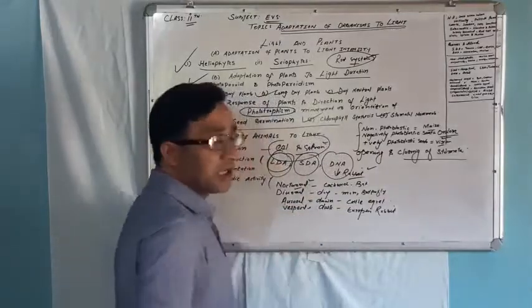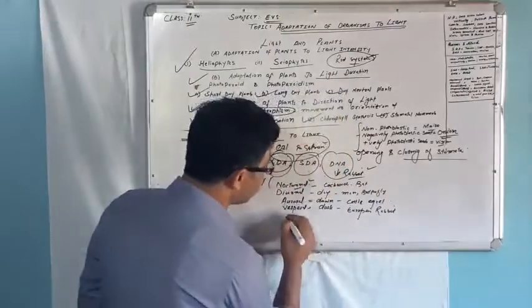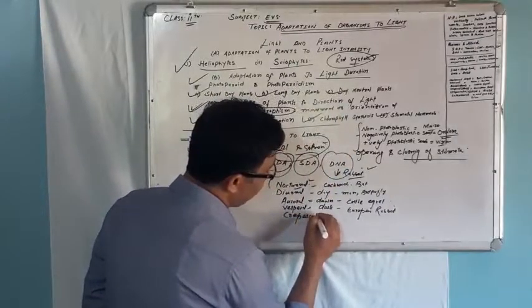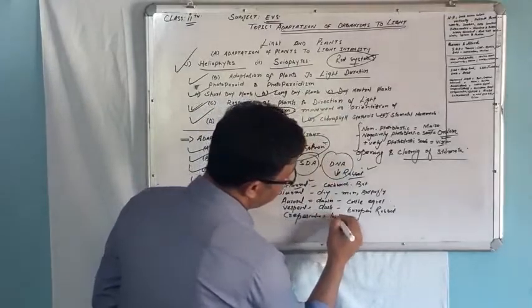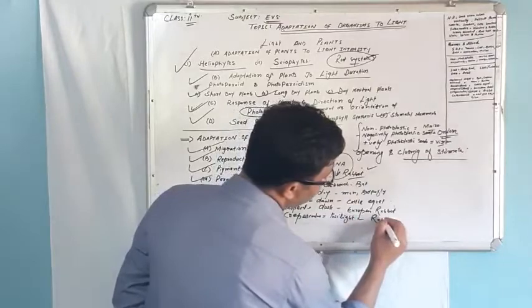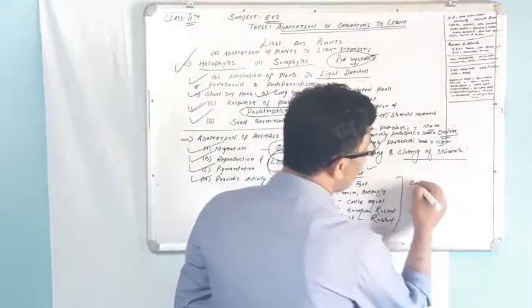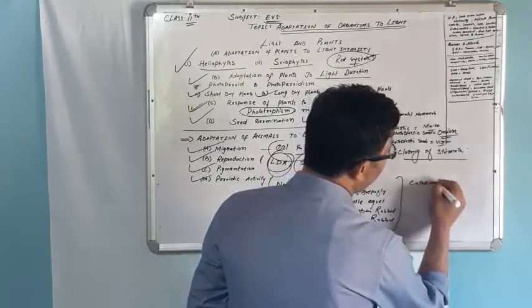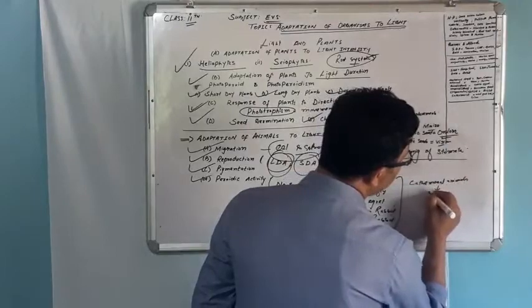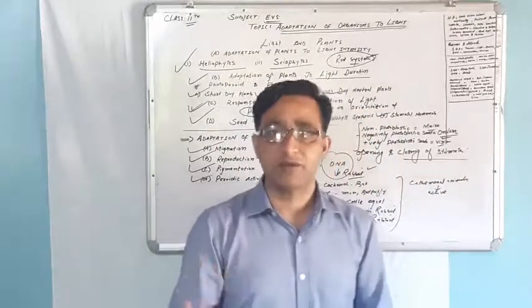And some animals are active during the twilight. They are known as crepuscular. They are active in the twilight; we can give the example of the rabbit. Similarly, some animals are known as cathemeral animals.